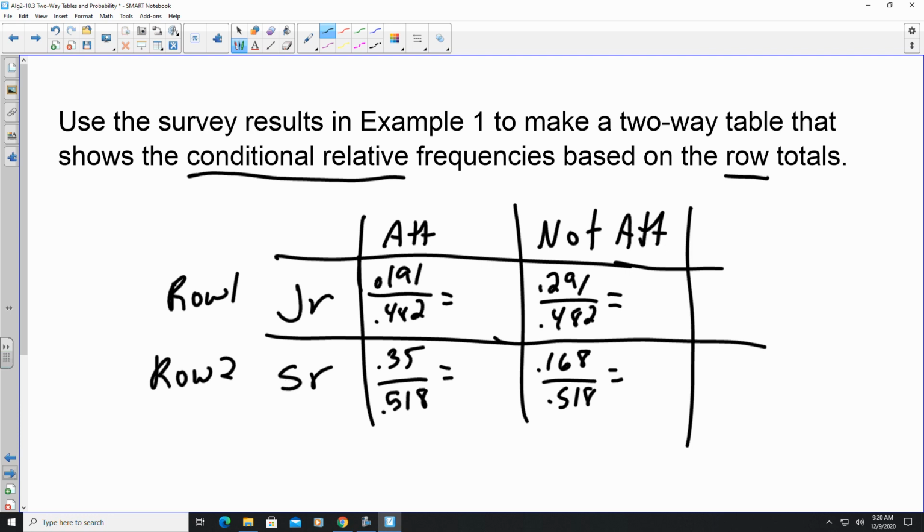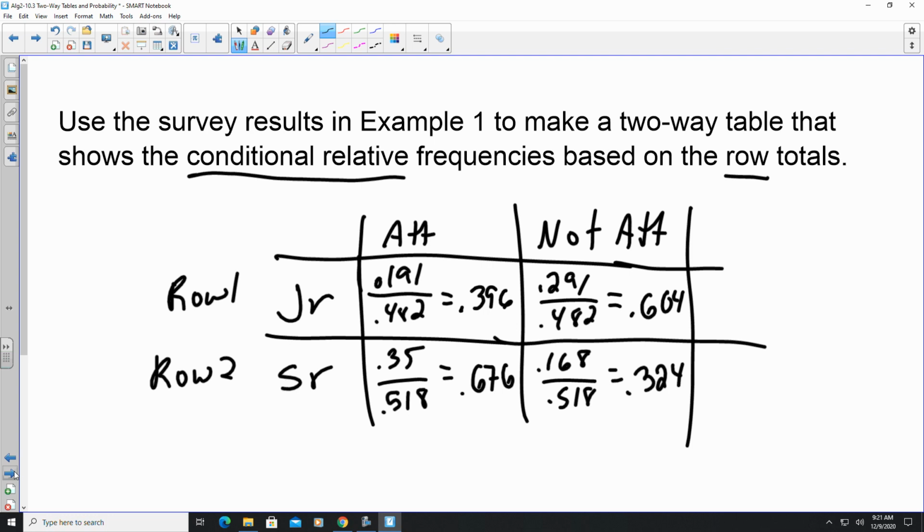So this is going to be 0.396. Over to the right, this is going to be 0.604. And this is going to be 0.676, and this is going to be 0.324. All right, so the big question is, what is the relevance of these decimals or these percentages?